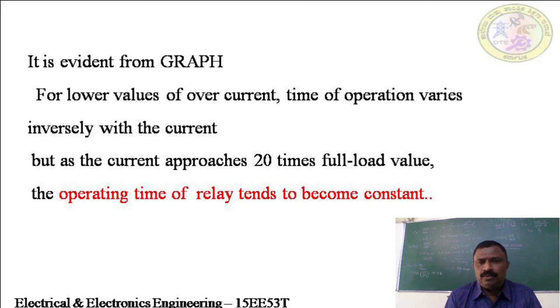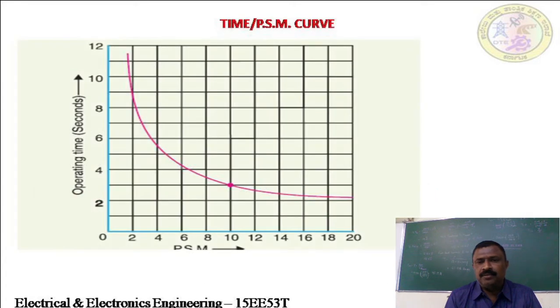For lower values of overcurrent, the time of operation varies inversely with current, but as the current approaches 20 times the load current, the operating time of the relay tends to become constant. The curve remains constant from here till 20.